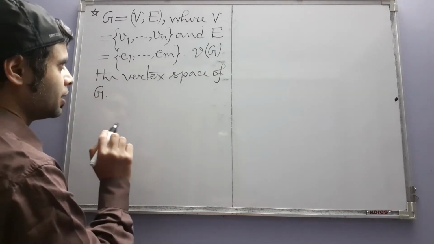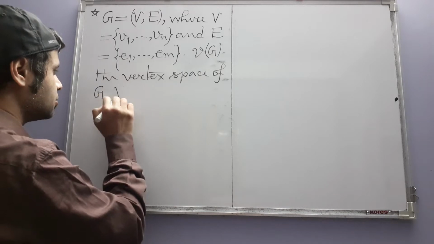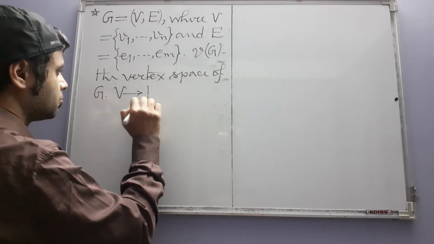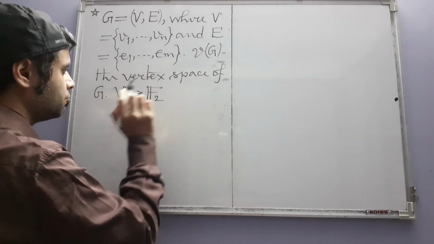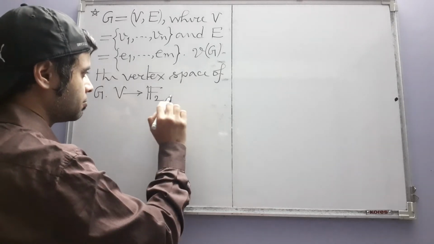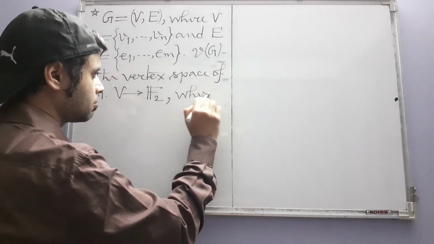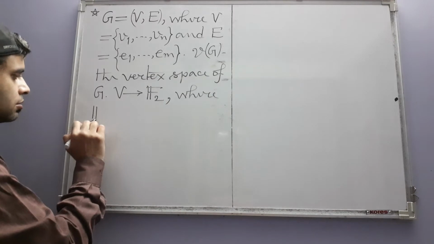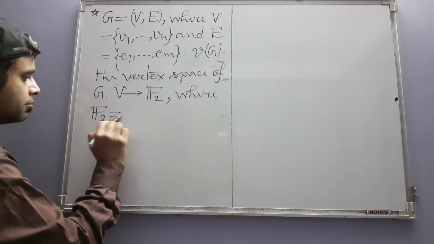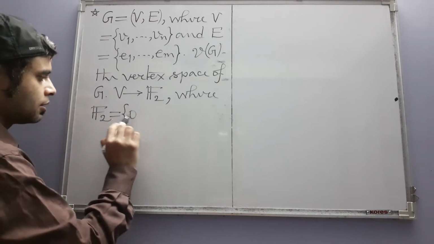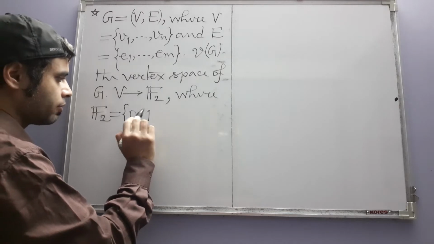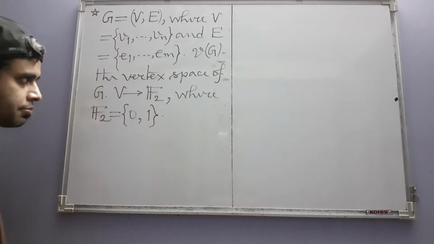It is the vector space of all functions from V into F2, where F2 is this two element field consisting of a zero element and a unit element.